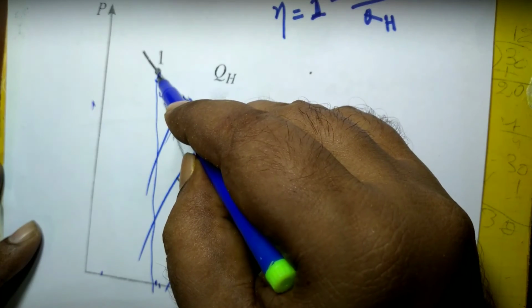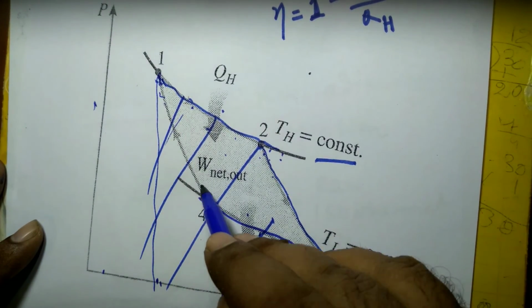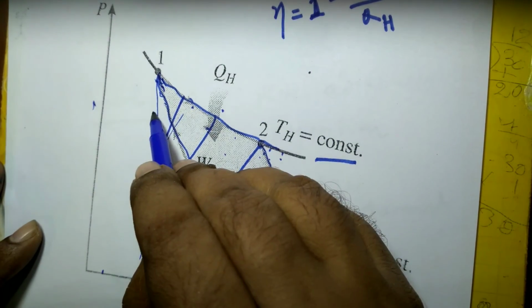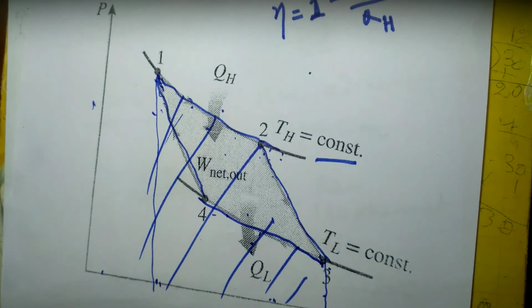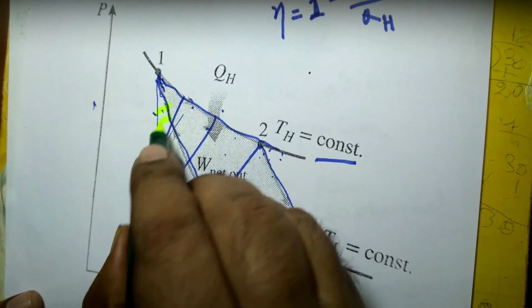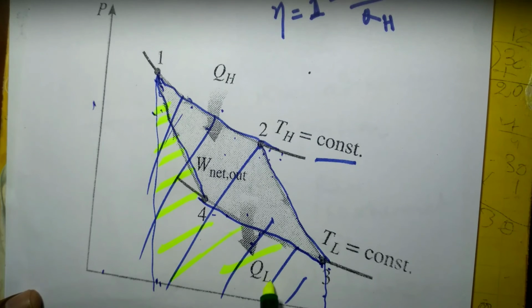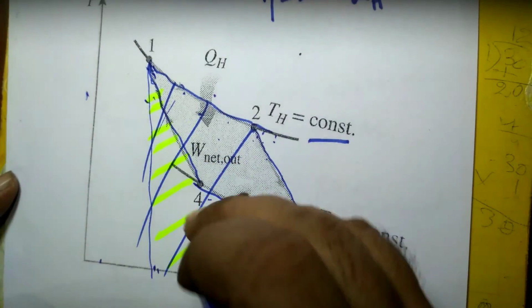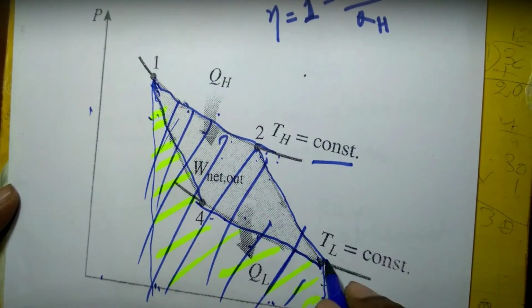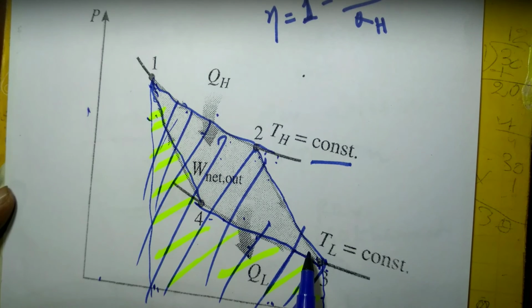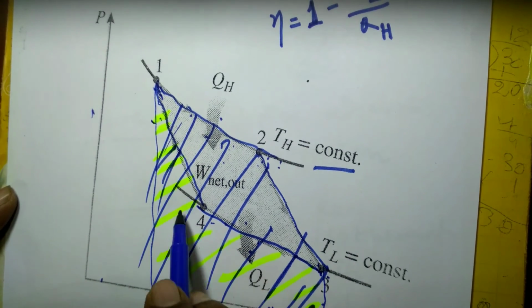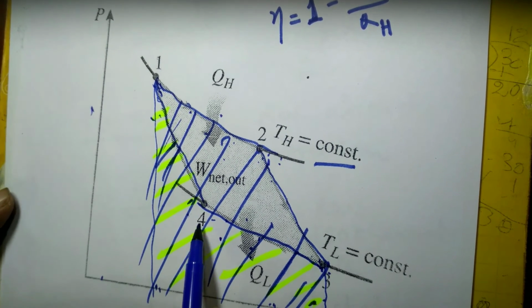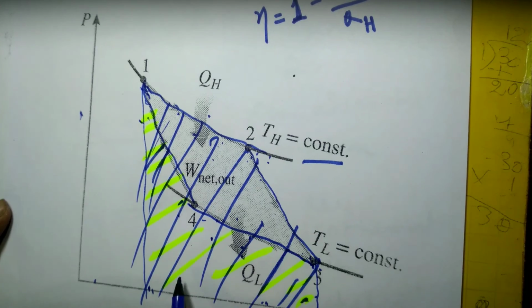But during processes 3-4 and 4-1, this area will represent the work input, and this total area represents the work produced during the expansion part of the cycle, and this yellow area represents the work input, or work consumed, during the compression part of the cycle.